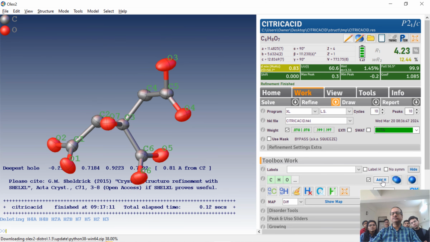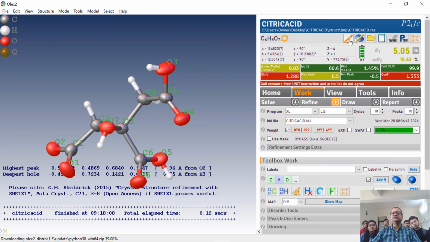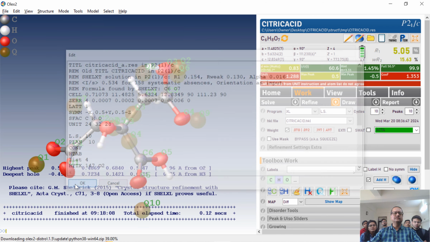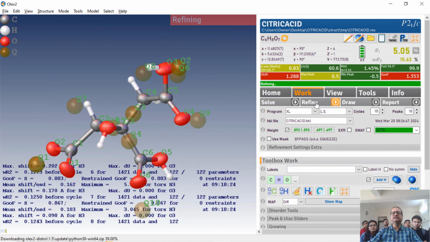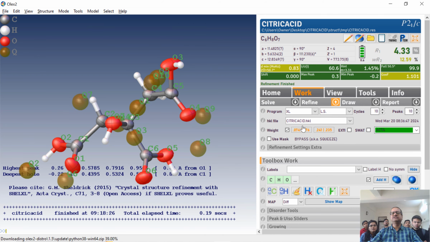So again we remove it, add hydrogens, and then go there, HFIX 147 O2, and say OK, refine, a few times till everything turns green.